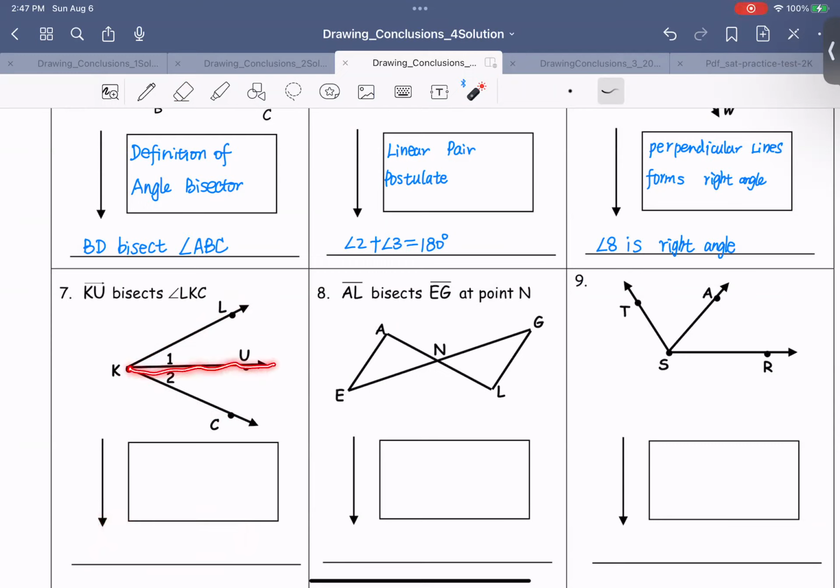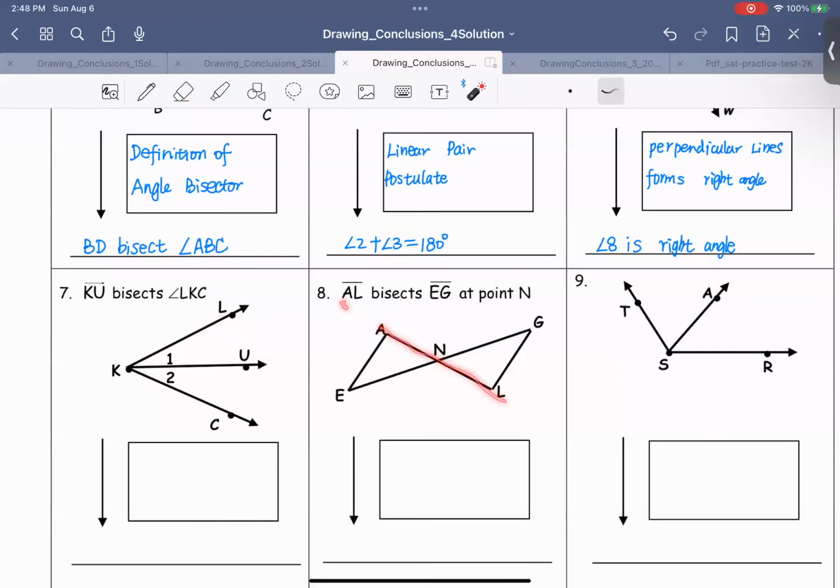The one that bisects this angle makes these two pieces equal. So who is congruent to who? Angle 1 congruent to angle 2, correct? Because what? Definition of angle bisector. Yeah, you missed this many times already. Next one here.